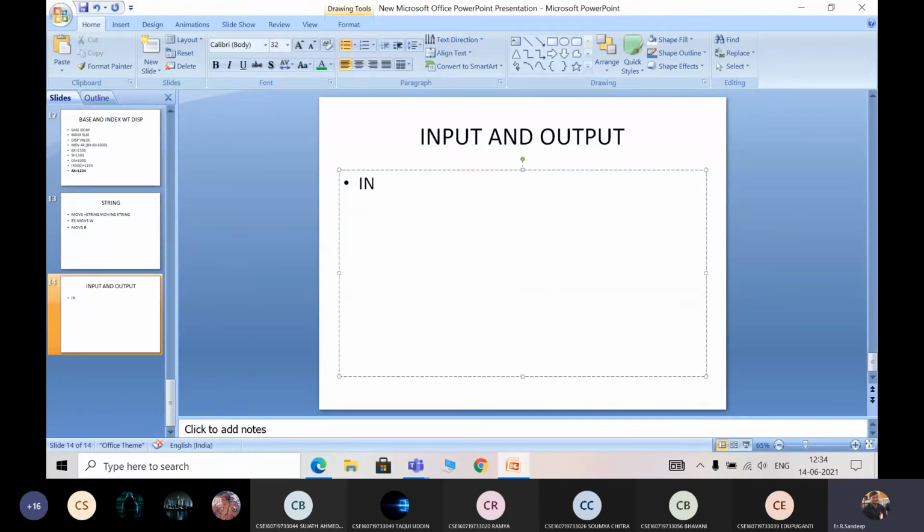IN and OUT is a very important question for 2 marks. What are the IN and OUT instructions supported by the 8086 microprocessor? Those are IN operand, which is for input, and OUT operand for output.